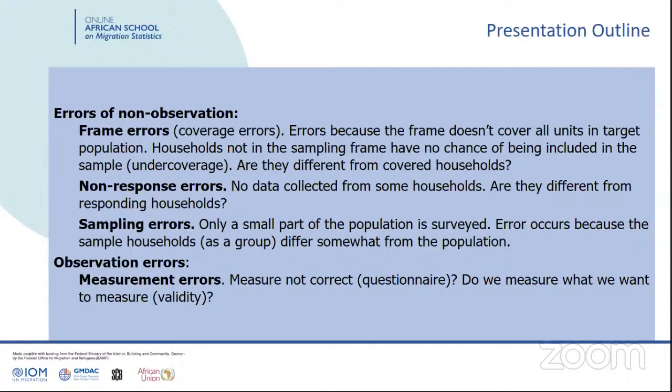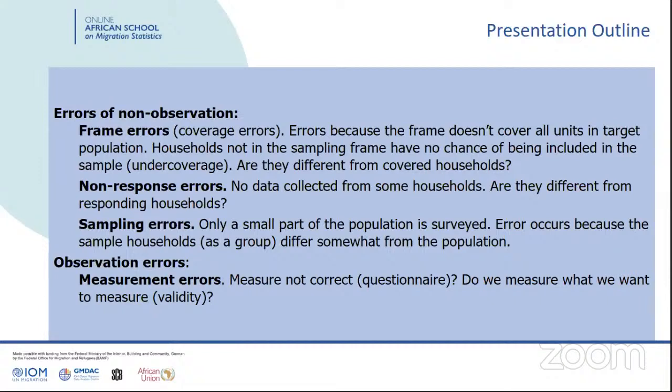And that would not be a problem if those households are more or less like the households that are on the list on the sampling frame. But if we have reasons to believe that those households differ from the covered households, the households on the list, then we have a problem for our estimation procedure.